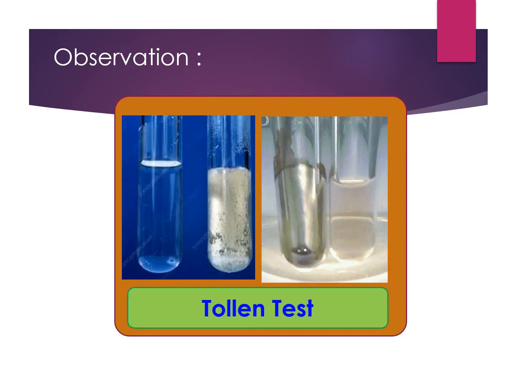For the Tollens' test, it will be a metallic silver precipitate or silver mirror for the ethanol compound and a gray precipitate for benzaldehyde, while there is no precipitate for the propanol compound.